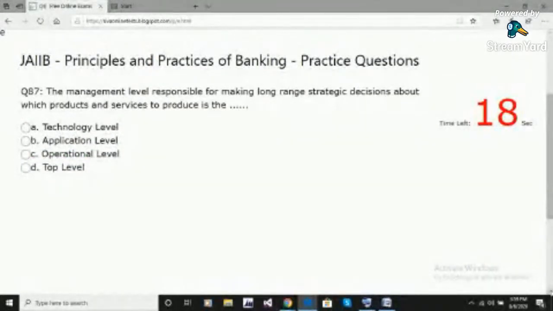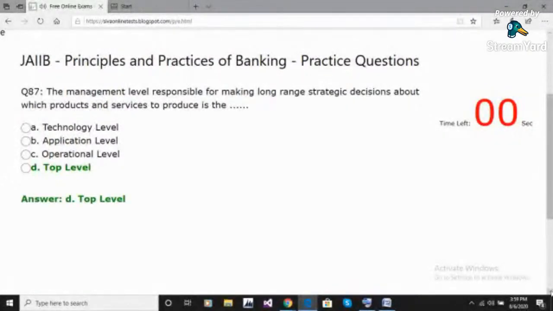The management level responsible for making long-range strategic decisions about which products and services to produce is the Option A technology level, Option B application level, Option C operational level, Option D top level. Answer D top level.